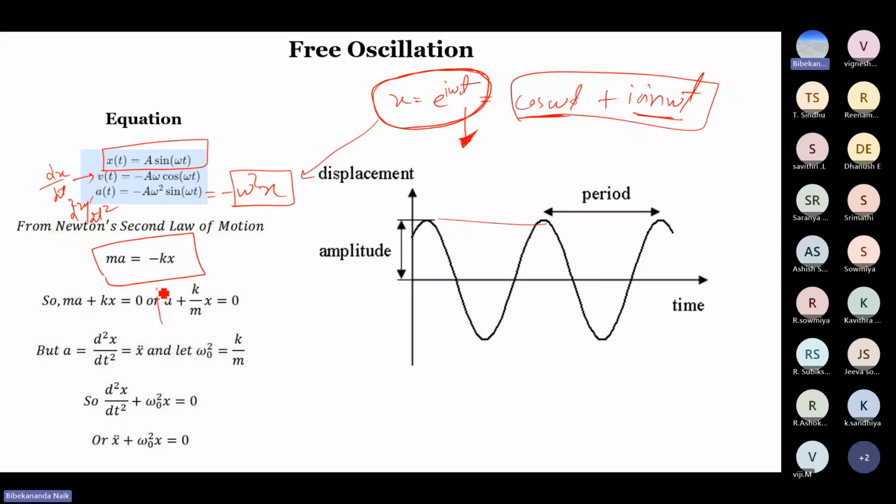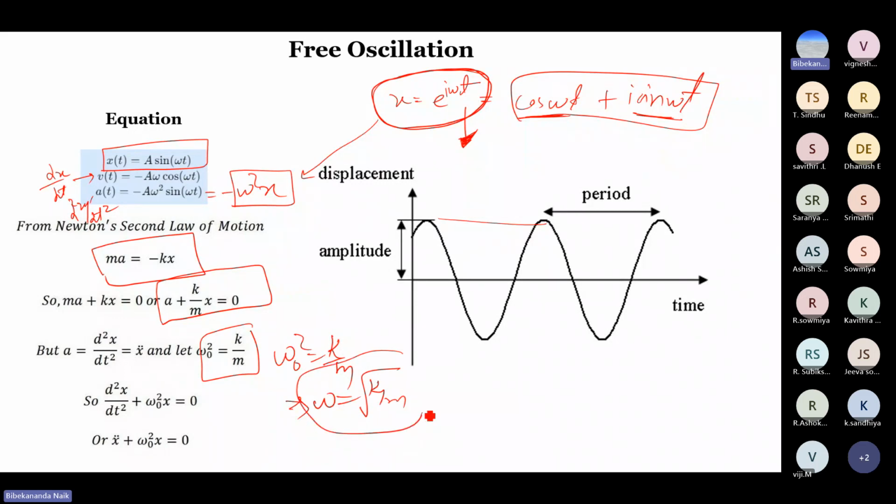So this is the equation of motion, and here a is minus omega square x. So it is omega 0 square. If you compare these two values, omega 0 square is k by m, or omega is root of k by m. This is the angular frequency of oscillation, and this is the equation of motion.